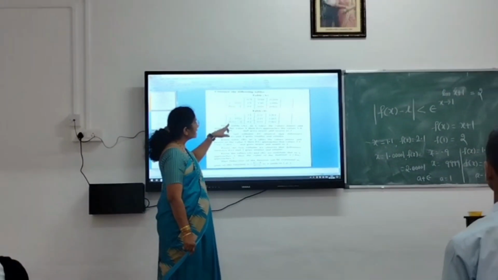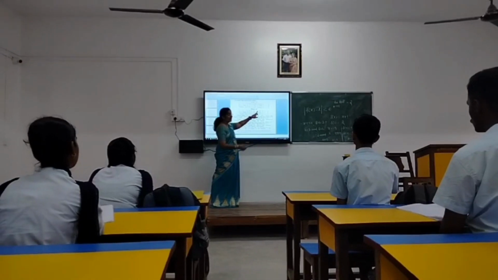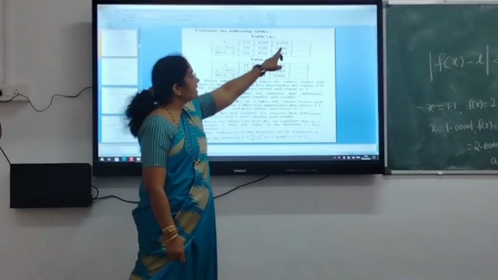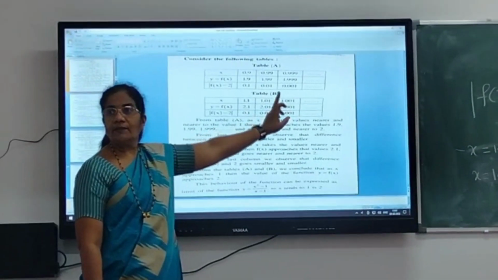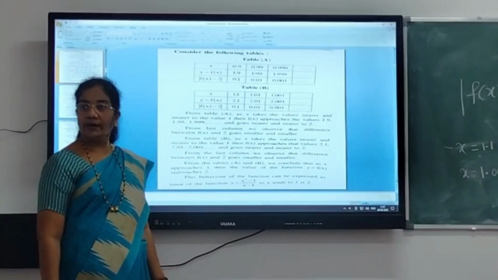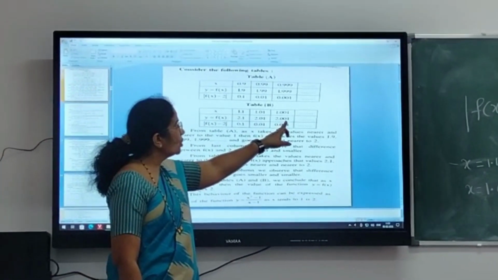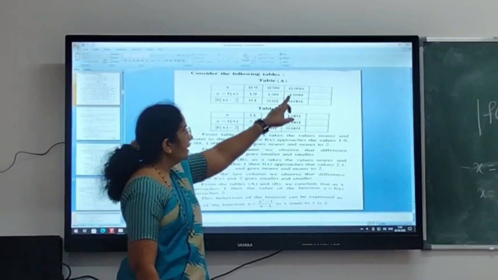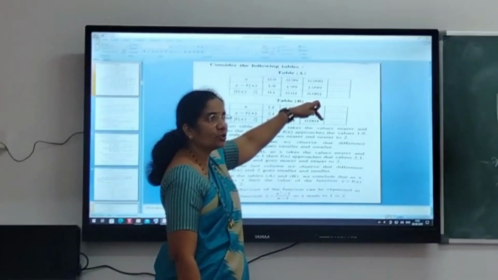In the second table, f of x is greater than 1. In the first table, the value of x is less than 1. In table 2, the value of x is greater than 1. Right? So that f of x becomes 2.001. Here 1.999 and in this case 2.001.